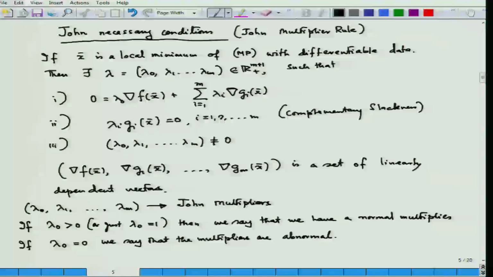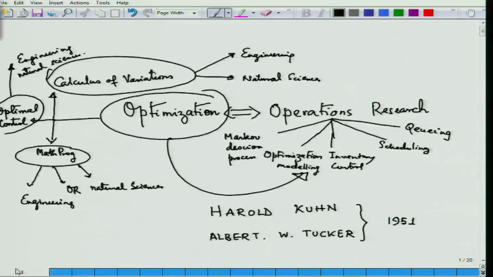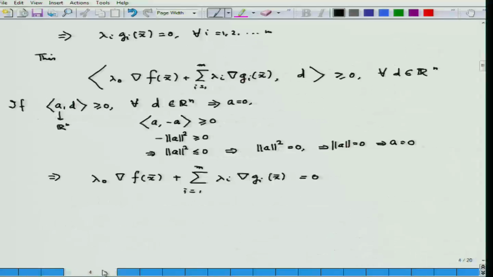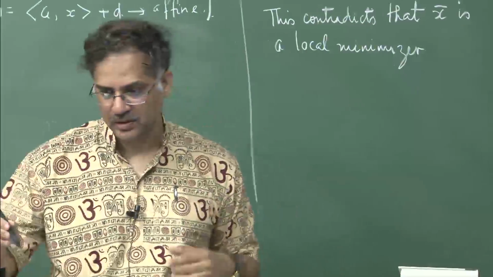Whenever there exists a normal multiplier to this Fritz John inequality system, we say that the KKT condition holds, or the Karush-Kuhn-Tucker condition holds. We have already spoken about the Karush-Kuhn-Tucker conditions and about Kuhn and Tucker's work of 1951, and this can now be viewed as a corollary to the Fritz John or the John conditions. So, thank you very much. We will come with examples in the next class.